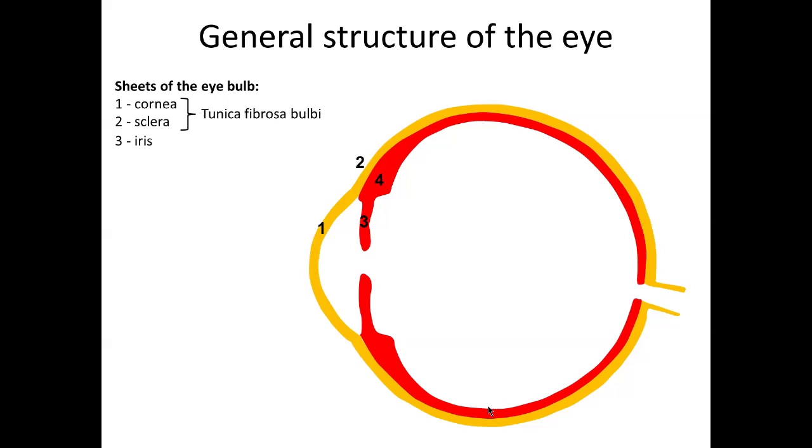The next part of the vascular sheet, number 4, has a triangle shape.